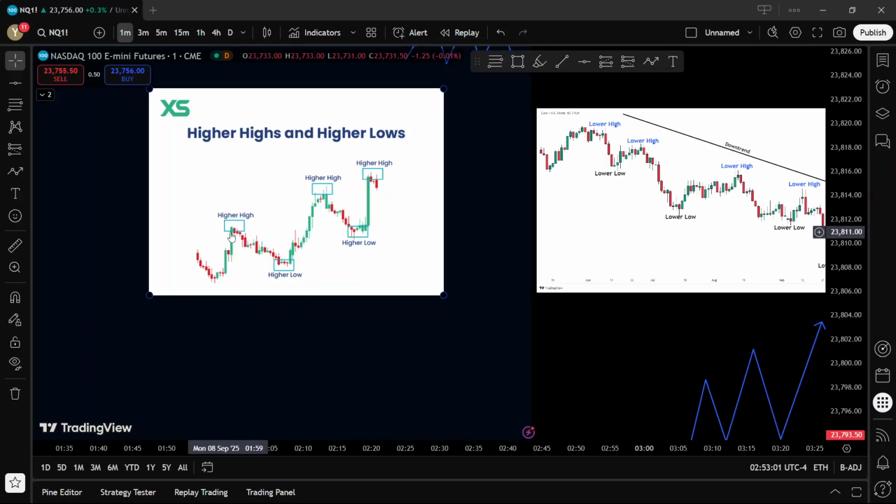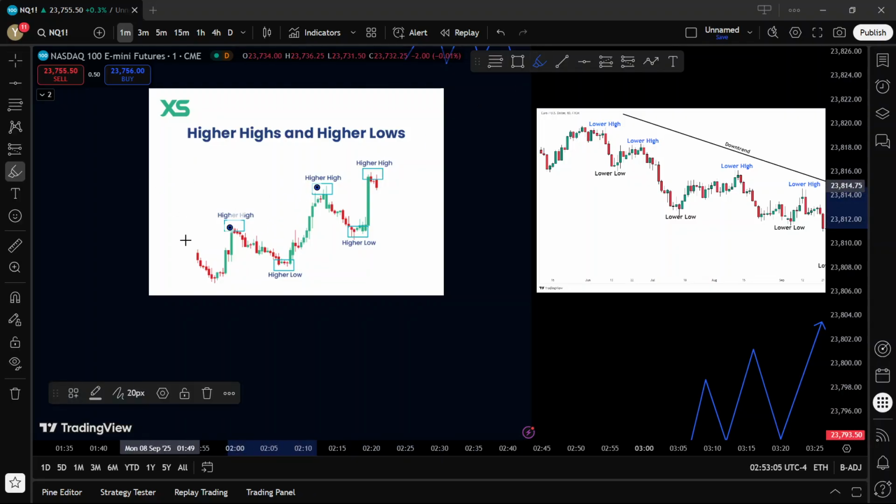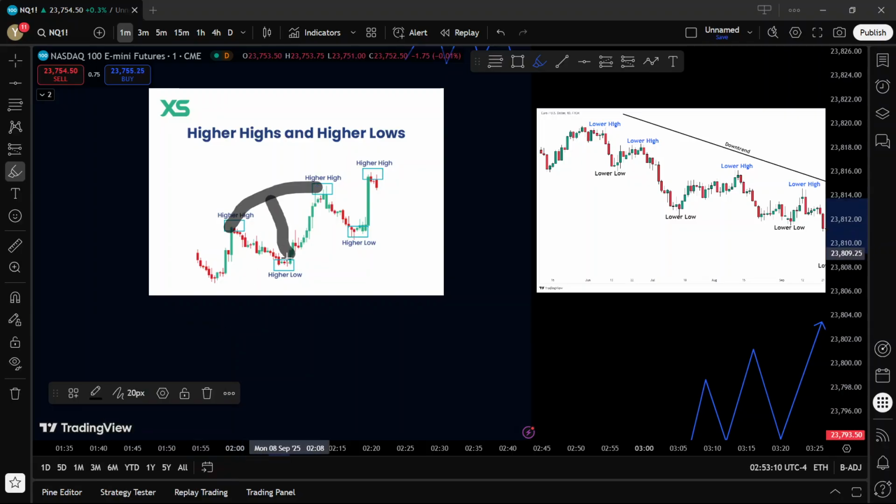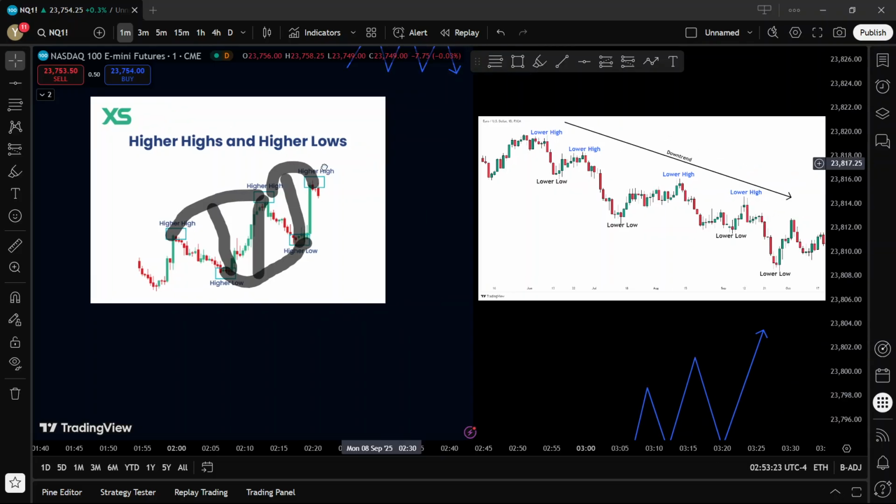And if you were to drag from a higher high to another higher high and draw in the middle, the higher low would be there. And then if you were to draw from a higher low to another higher low, the higher high would be in the middle. And then again, from a higher high to another higher high, the higher low would be in the middle, right?